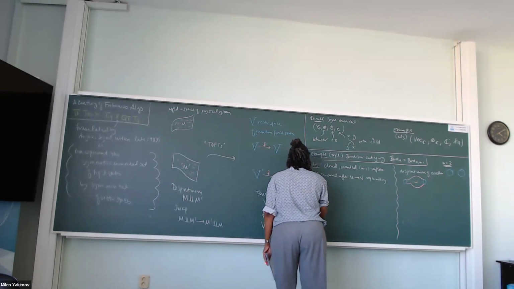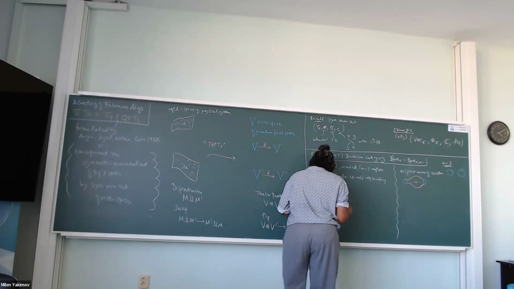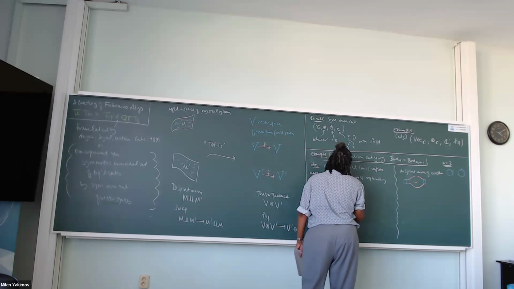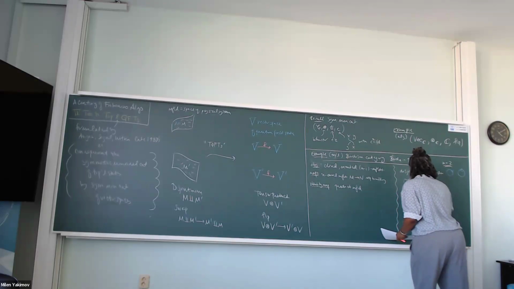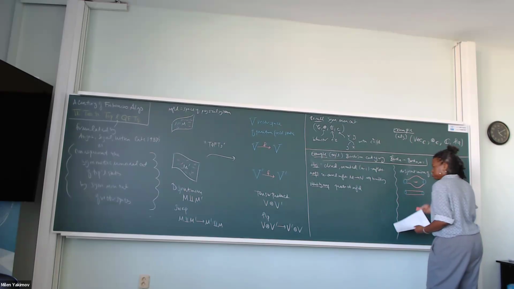Your identity map, we're still describing the category, is just the product manifold. So over here, it would look like circle, circle, and I just take the cylinder. That's your identity.